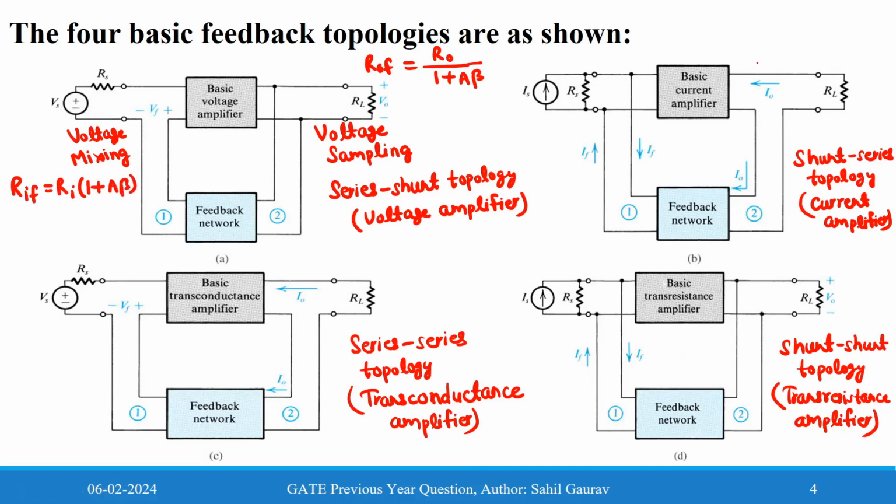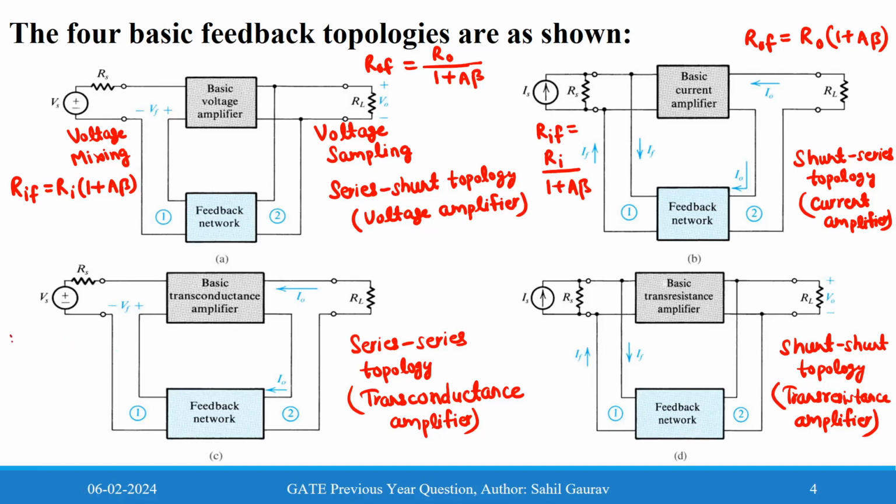Here similarly we can write, here we are having the current sampling, that means this output resistance will get increased, and here this input resistance will get reduced, because at the input side we are having current mixing.